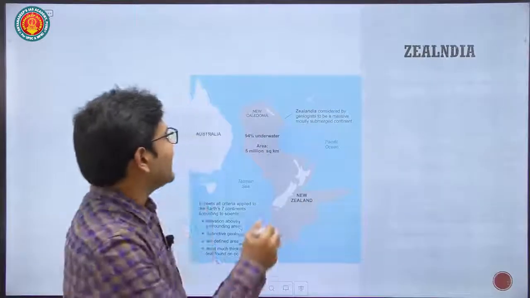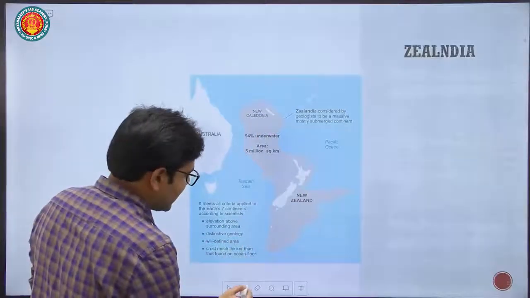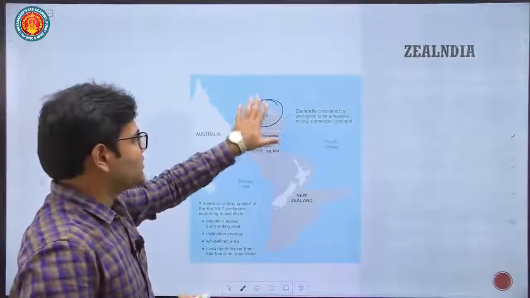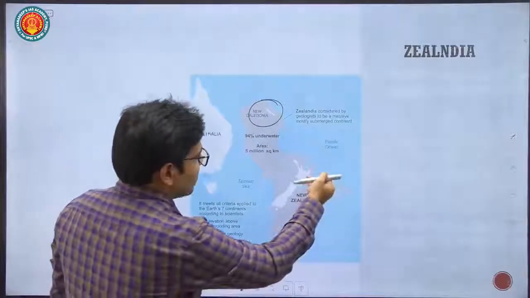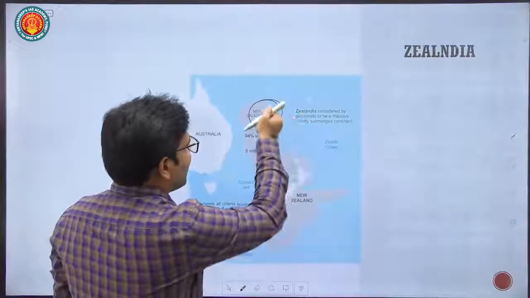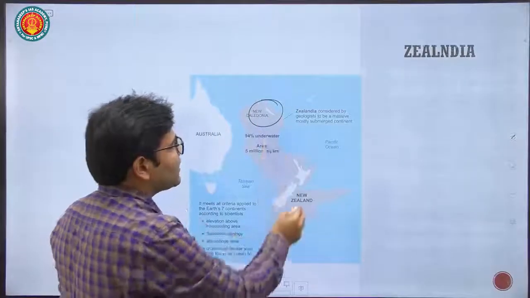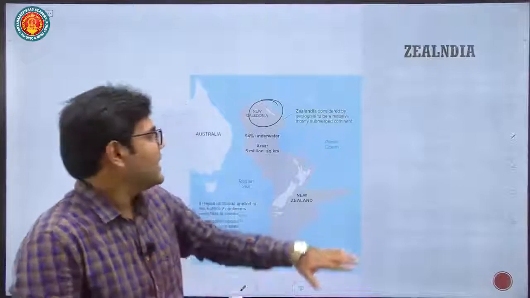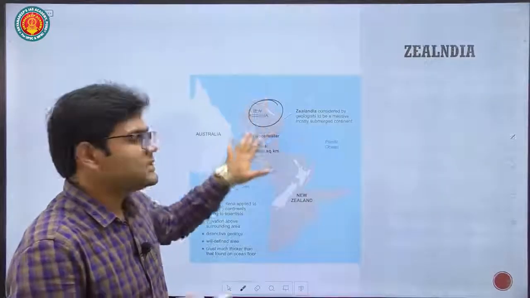Only part of New Zealand and some islands, like New Caledonia, are above water. So only the North Island, South Island, Stewart Island, and New Caledonia are above the surface. The remaining entire part is below water.